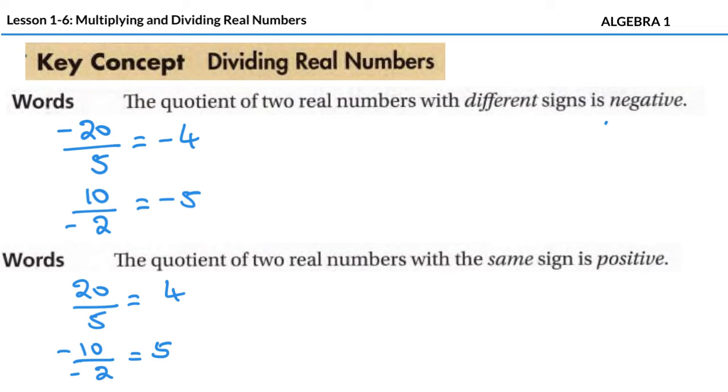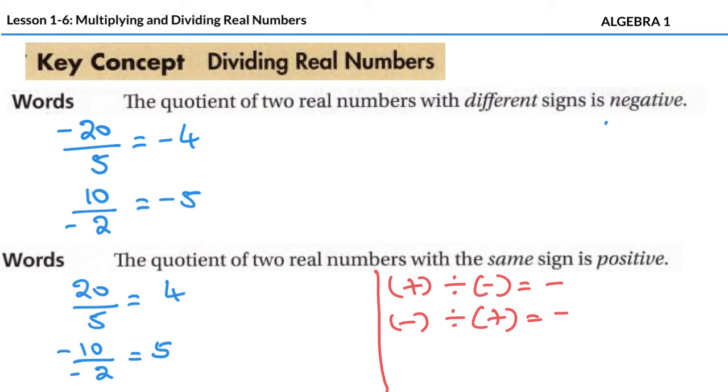So in other words, you can summarize this key concept. A positive number divided by a negative number, the quotient will always be negative. A negative number divided by a positive number, the quotient will always be negative.